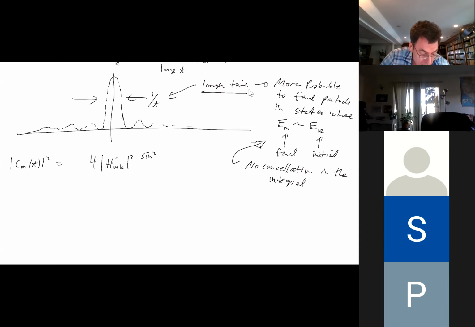This is our big formula, our big result. Ek minus Em, t over 2h bar, divided by Ek minus Em, squared.